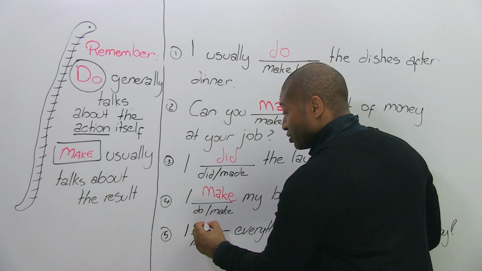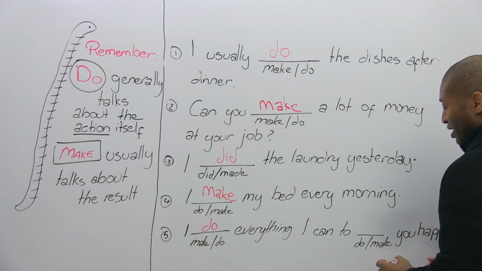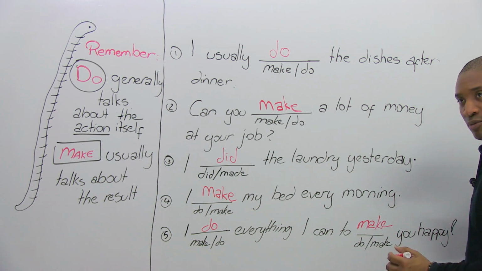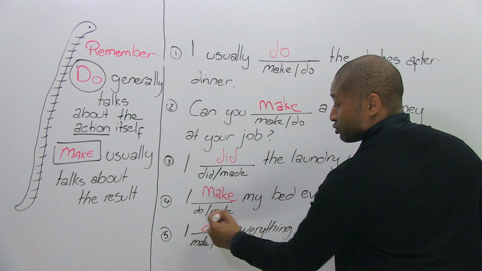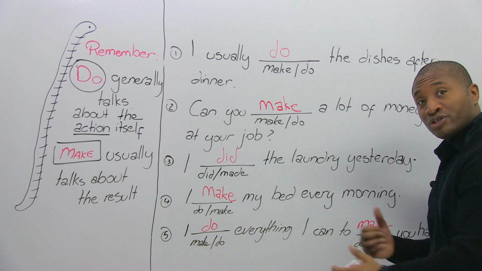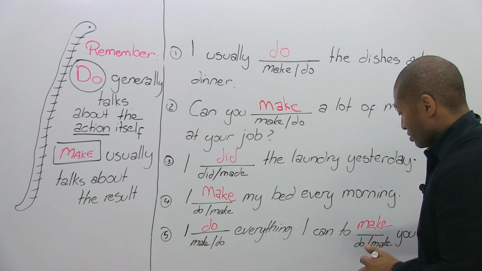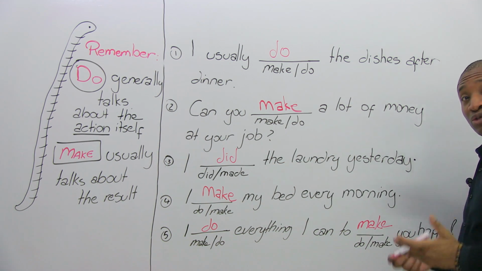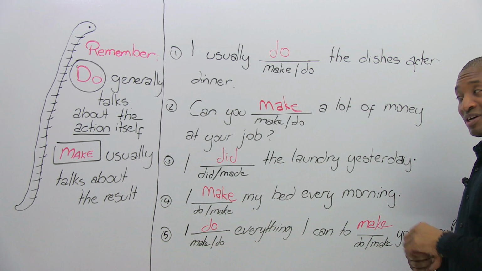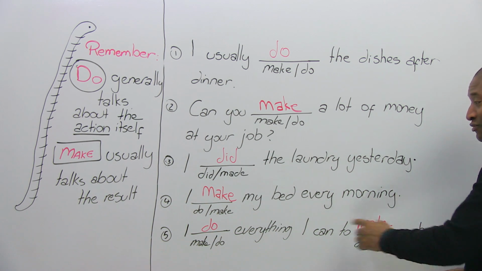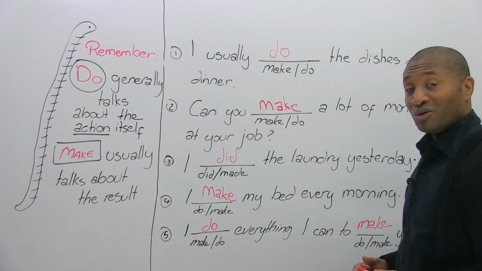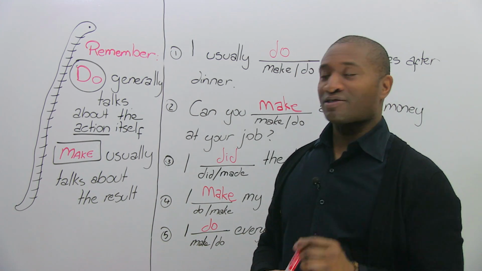I do everything I can to make you happy. And why, you might ask? Do, okay? Actions. You can see all of my actions. Make is the final result. Remember I talked about result? The result is you are happy. So even though I can't touch this one, what is the result of all my doing? You will be happy. Hey, listen, you've done a very good job and I'm impressed.